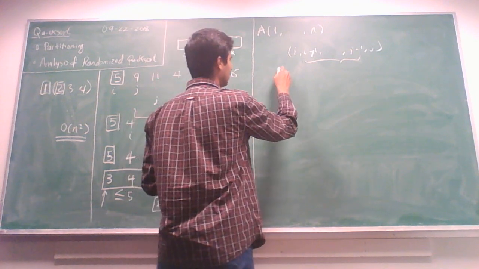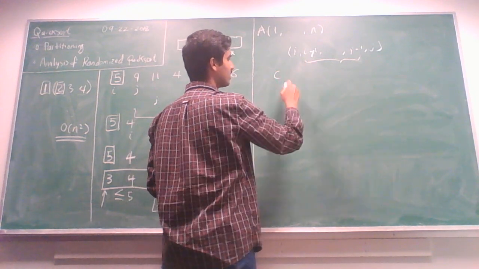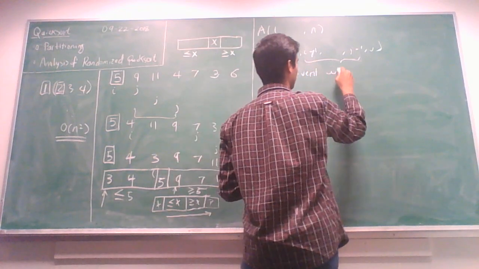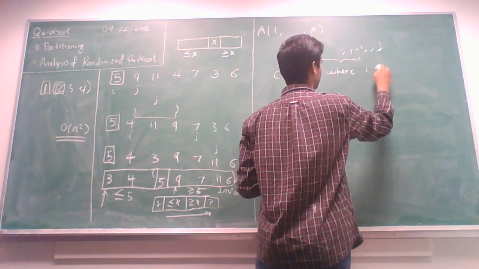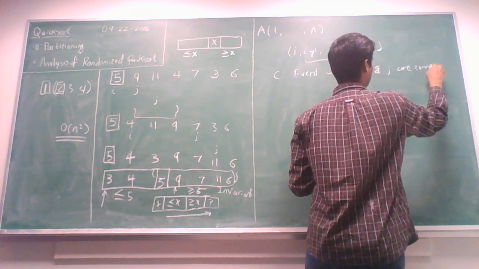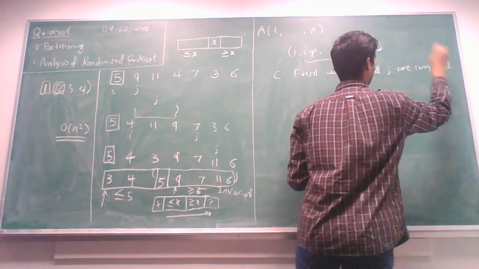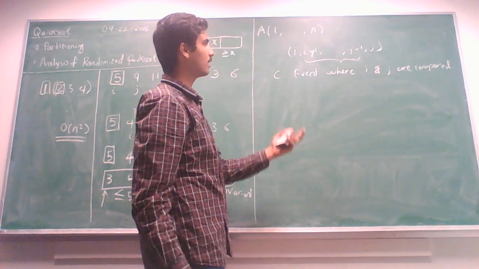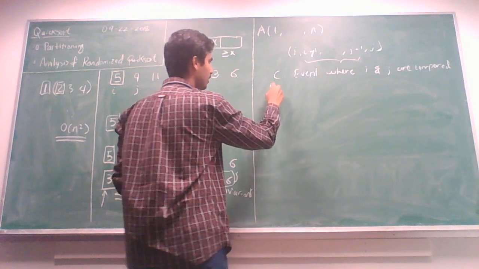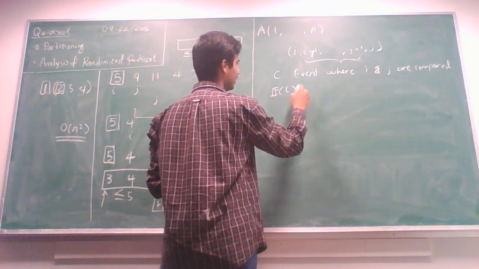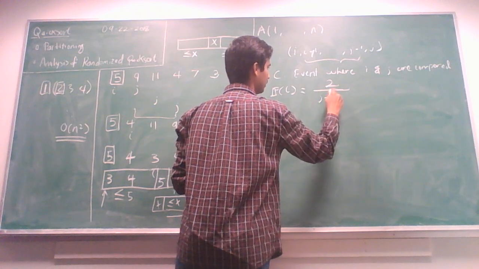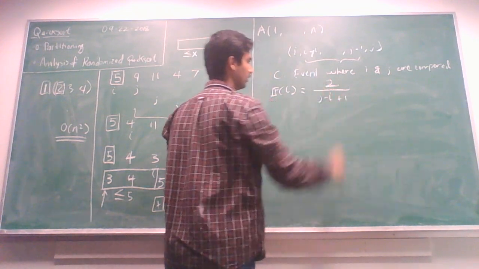So let C be the event where i and j are compared. As this event occurs only 2 times out of j minus i plus 1 times, the probability of C will be 2 upon j minus i plus 1.